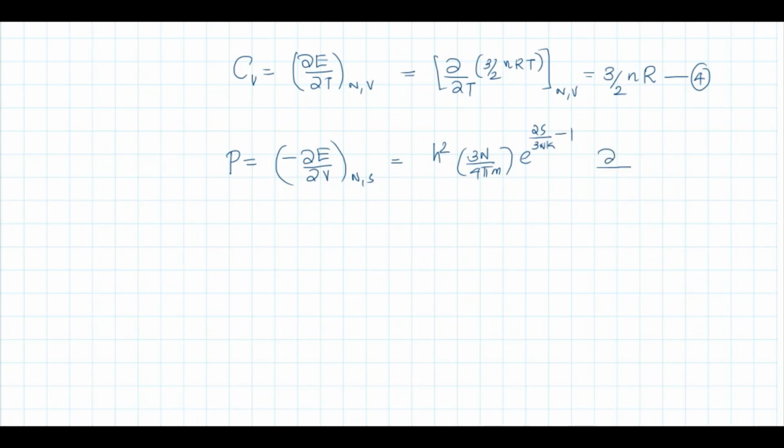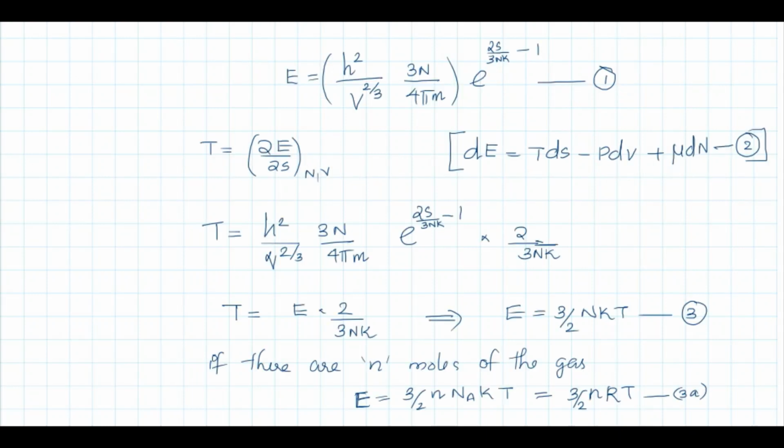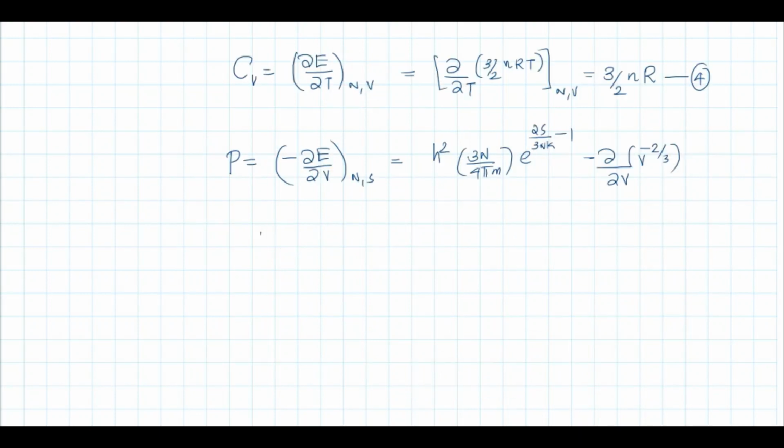Then the derivative of V raised to minus 2 by 3, because we have V raised to 2 by 3 in the denominator, so it is V raised to minus 2 by 3 in the numerator. So P is equal to h squared, 3n by 4 pi m, e raised to 2S by 3nk minus 1.